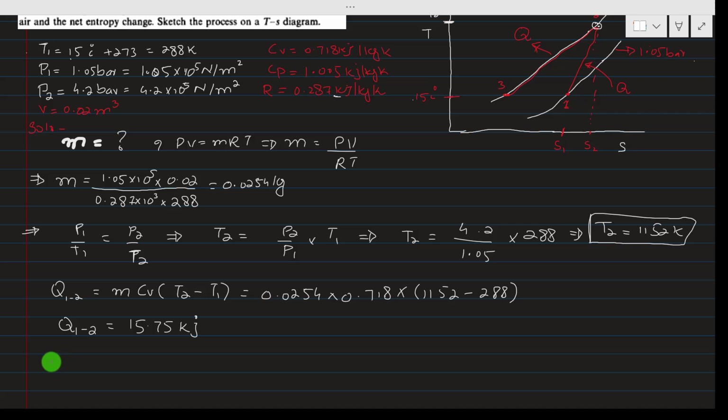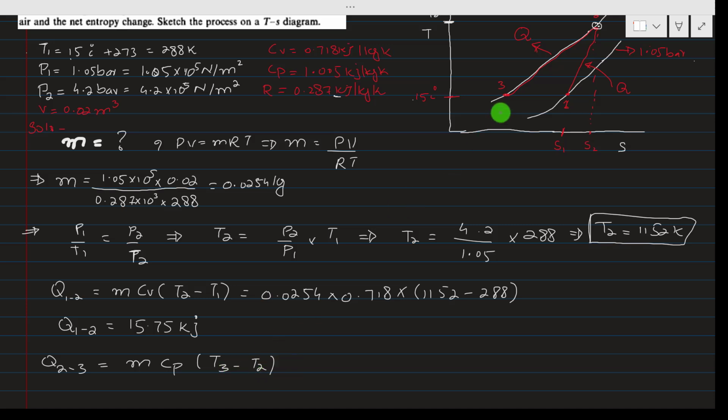Next we need to determine the heat rejected. From process 2 to 3 heat rejection takes place, so the heat rejected from process 2 to 3 is equal to mass, constant pressure value Cp, and T3 minus T2.